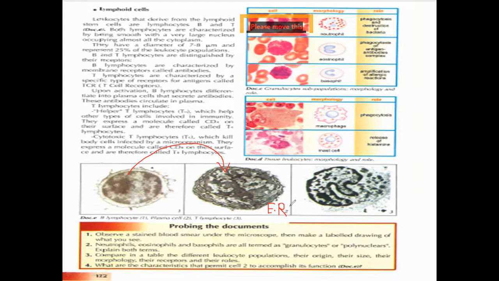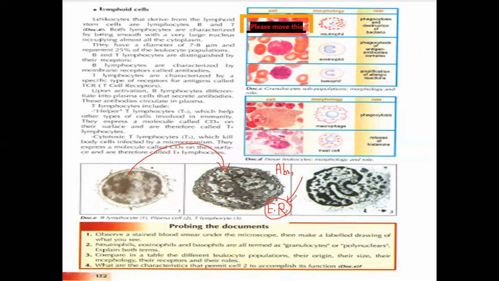Why? Because ER produces proteins. So it produces a type of protein which are the antibodies. Antibodies are a special type of proteins. So whenever they are produced, they need more and more endoplasmic reticulum. However, we have something called the mitochondria.